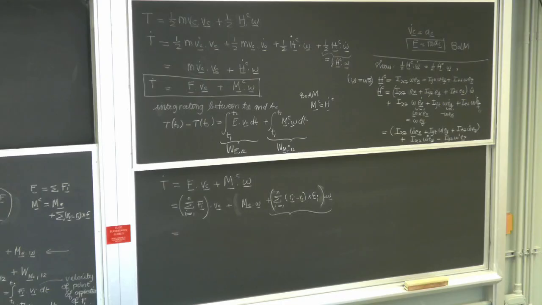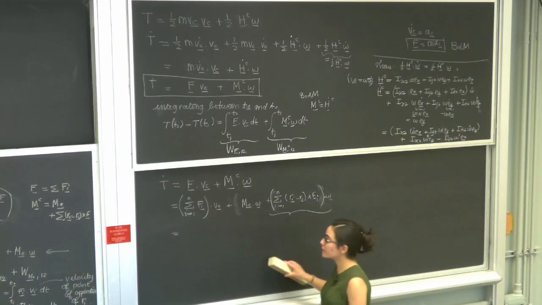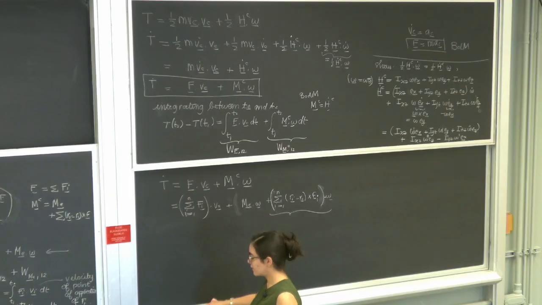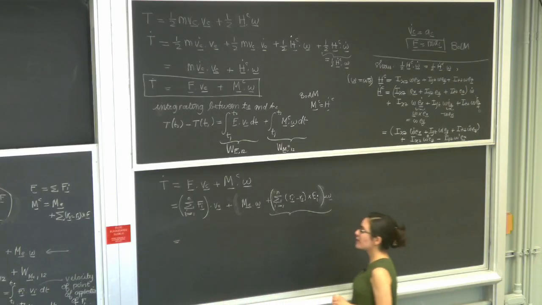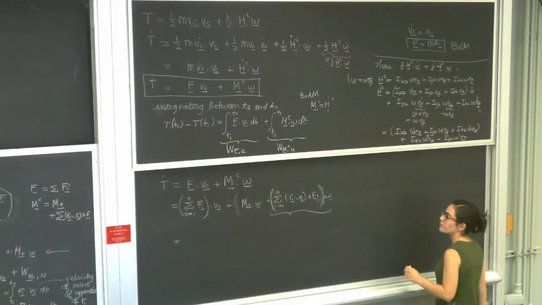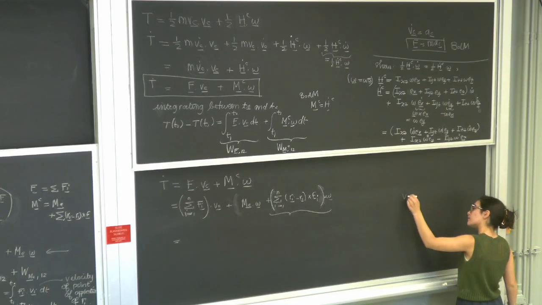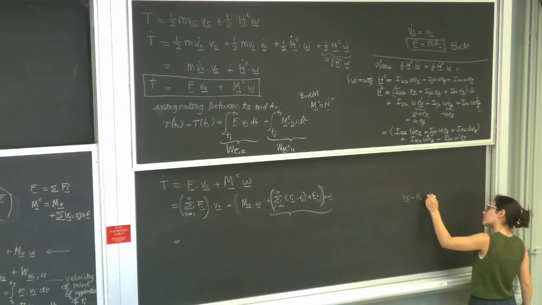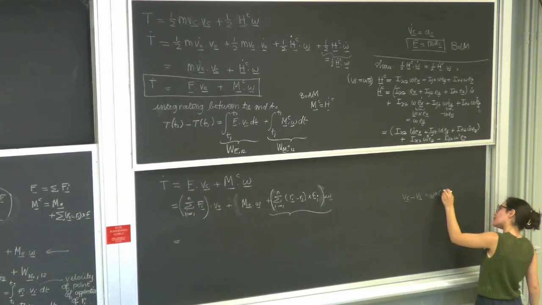Yes. Can expand Vc into what? We can say that Vc minus Vi is omega cross Rc minus Ri.